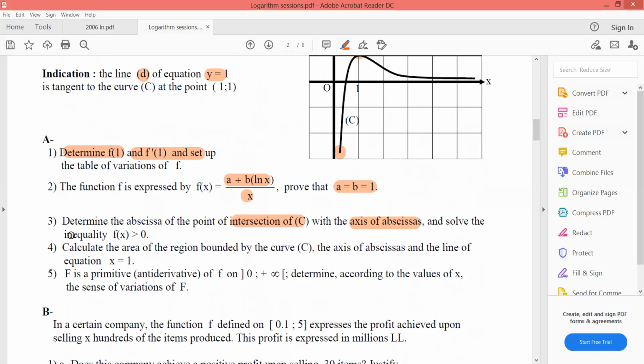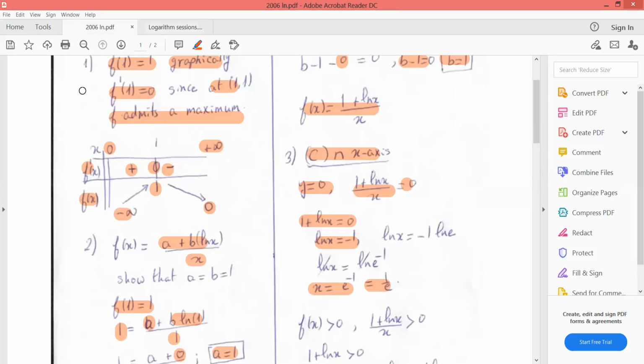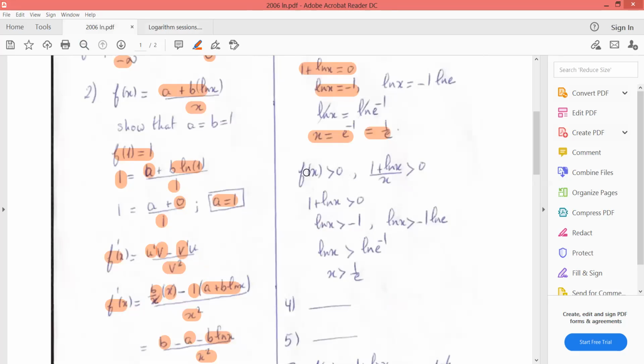And solve the inequality f(x) greater than 0. We need to solve f(x) greater than 0. How to solve f(x) greater than 0? By the same way, f(x) greater than 0 means that 1 plus ln x over x is greater than 0.